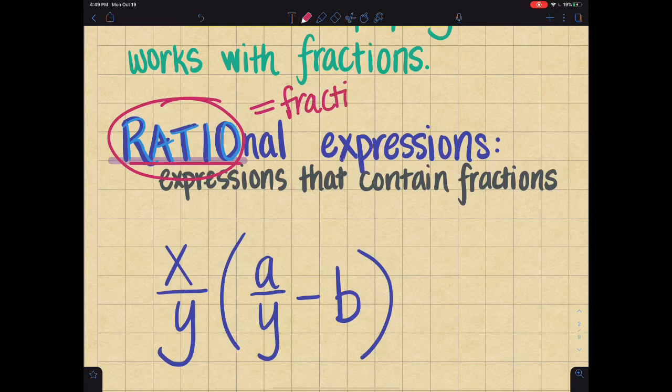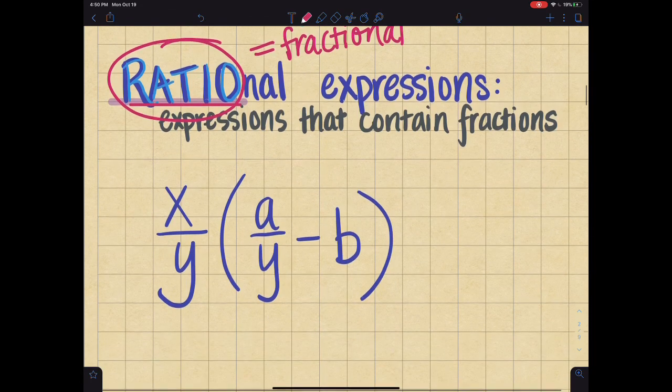So a rational expression is an expression that has a fraction in it. That's all it means. So when we do the distributive property of rational expressions, like it said in the title, which was kind of a mouthful, and you're kind of like, what the heck am I doing? All you're doing is the distributive property, but now they're adding a little more complexity by putting fractions into the equations, okay? So that's all we're going to do.